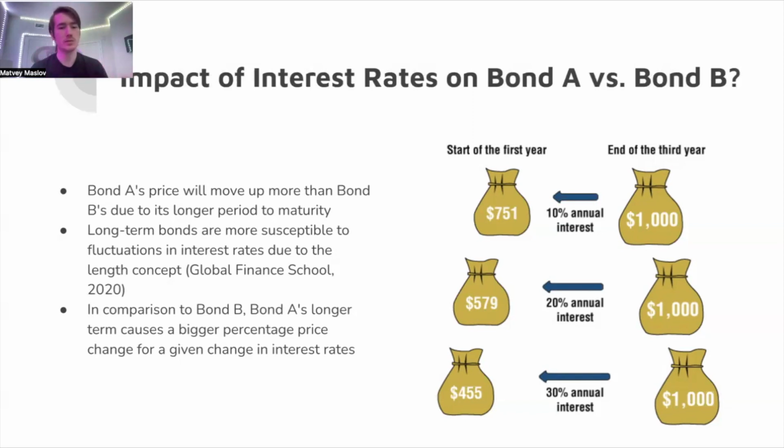In comparison to bond B, bond A's longer term causes a bigger percentage price change for a given change in interest rates. Basically, the duration concept refers to the fact that the longer the bond maturity date is, the more affected it gets by the increased interest rate, because that interest rate is continuously applied over those years.